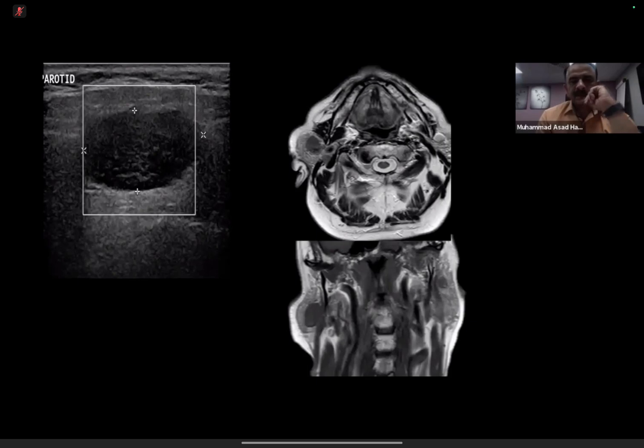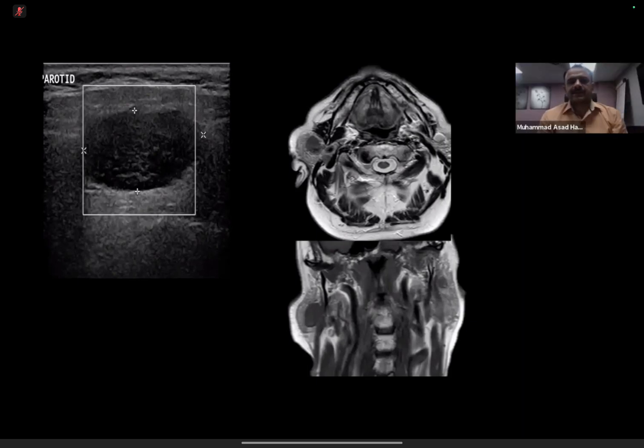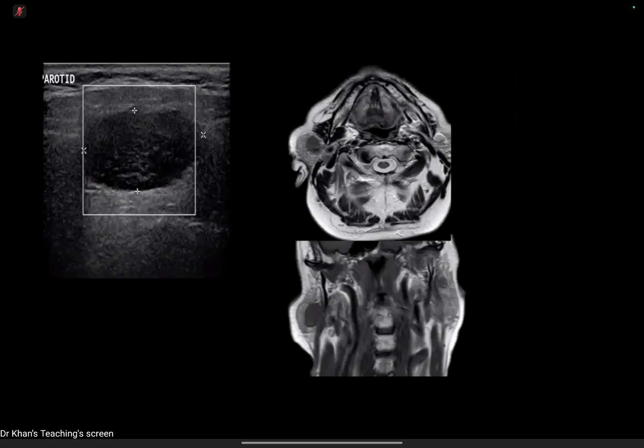Good. Now, what would be your differential? How would you present it that this is likely to represent what? So the appearances are of a primary neoplasm of the parotid, which does not have, on these selected images and modalities, frankly malignant features in that it's well circumscribed.